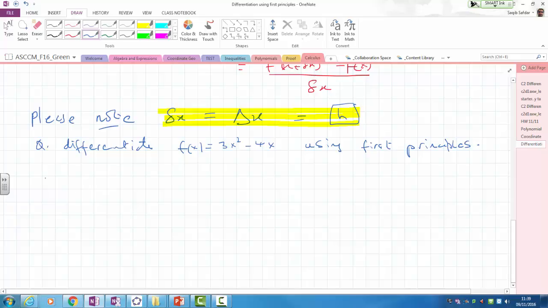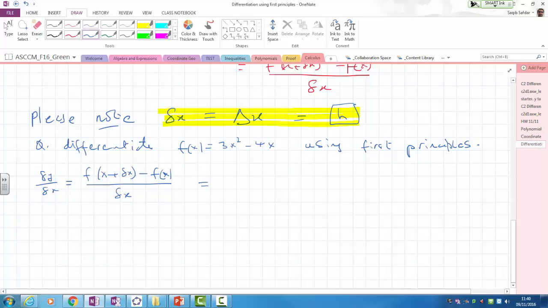First principles, change in y over change in x. The rule is f of x plus delta x take away f of x, divided by delta x.